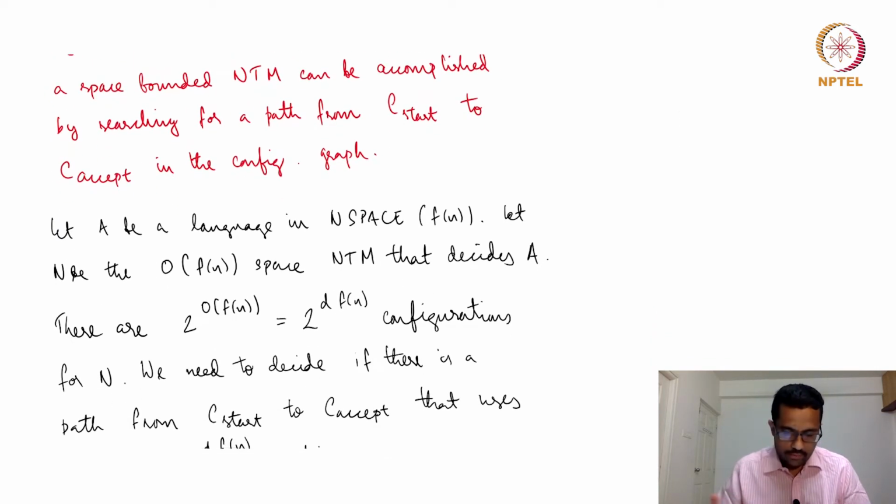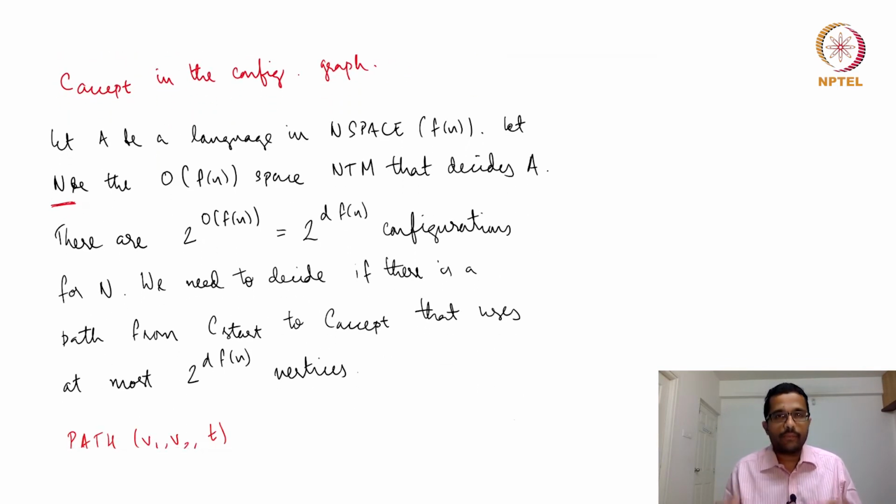Suppose A is a language in non-deterministic space f(n). That means there is a non-deterministic Turing machine, let us call it N, that runs in order f(n) space and decides A. Now, how many configurations can N possibly have?